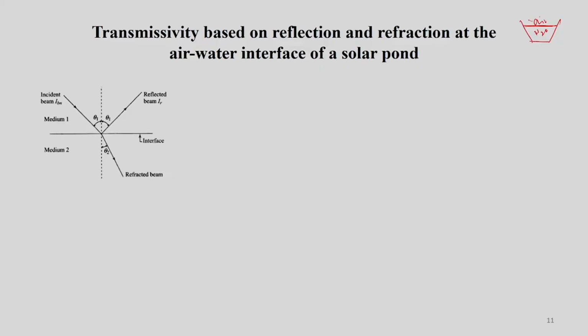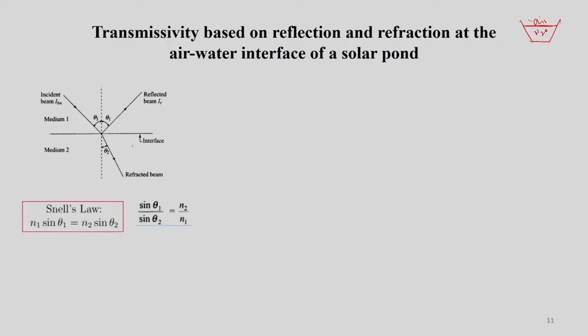Okay, already we have studied the cases when there is air and glass in the case of a flat plate collector. So what happens, the incident beam falls on this transparent cover and then it is reflected, and it is refracted. So we know the relationship between theta 1 and theta 2 by using Snell's law.